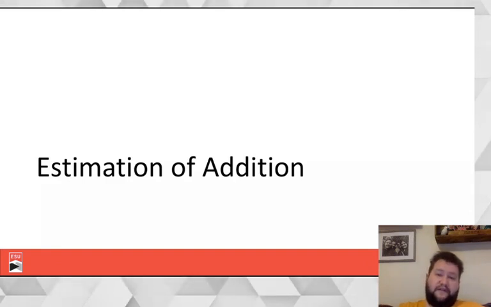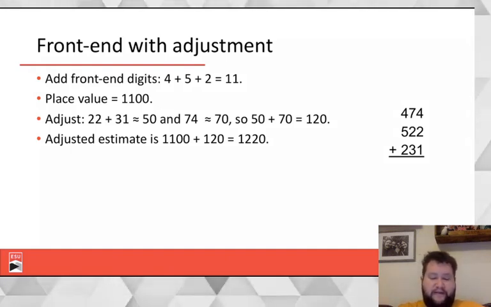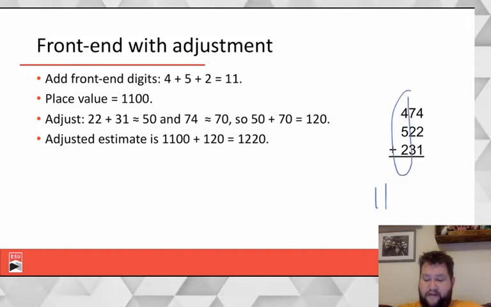And so some addition, and I'm not going to spend as much time on addition. So front end with adjustment just says add the fronts. So if we want to estimate this, we can have 4, 5 is 9, 10, 11. So we have about 1100.